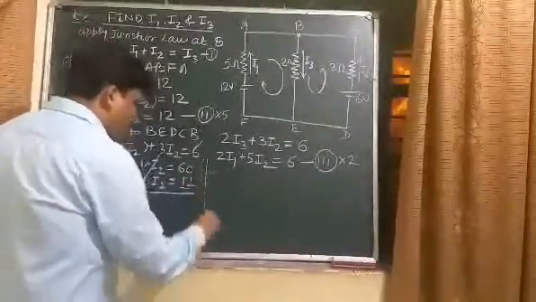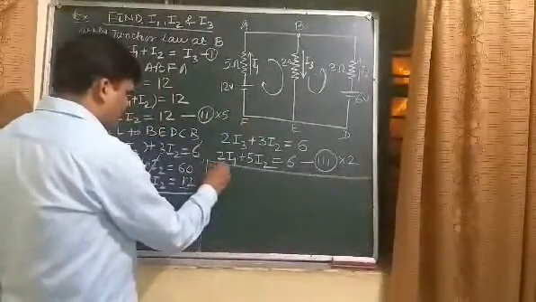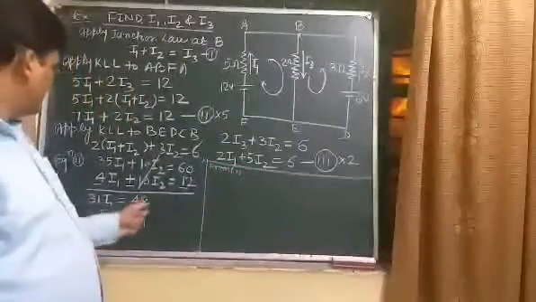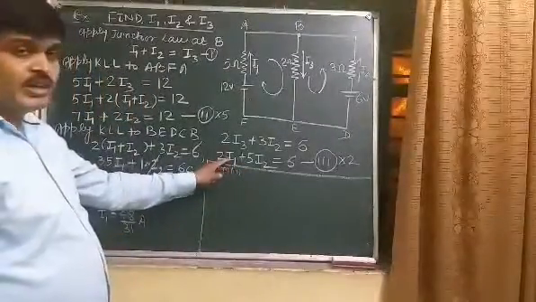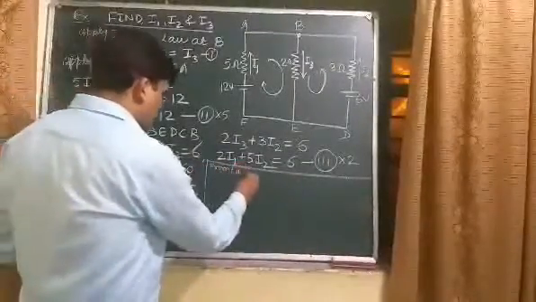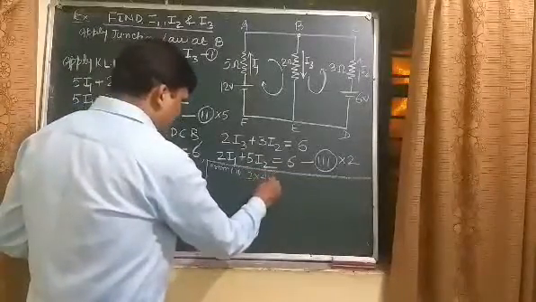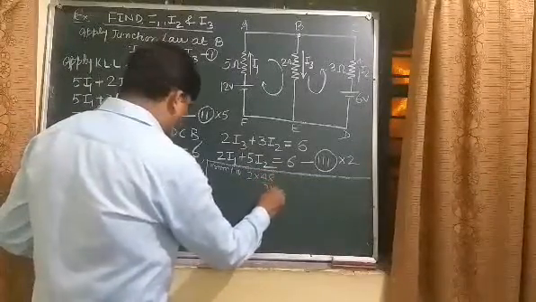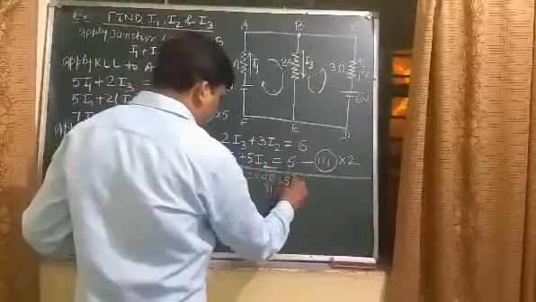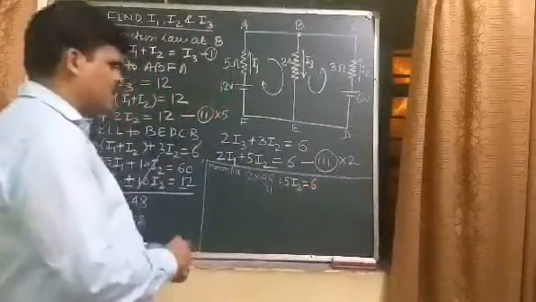Now put the value of I1 in equation 3. So here 2 into I1, that is 48 by 31, plus 5 I2, which is equal to 6.